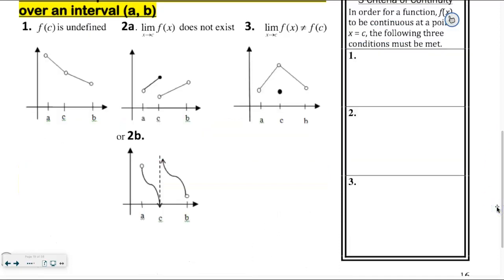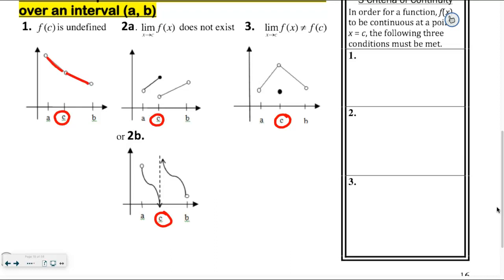And sometimes they'll say, is the entire graph continuous? Sometimes it says just at a single point. And so for all of these, we're going to talk about the continuity at the specific value of c. So these up here are 4 graphs where the function is not continuous at c. So we basically travel, and do we have to lift our pencil? Yes.